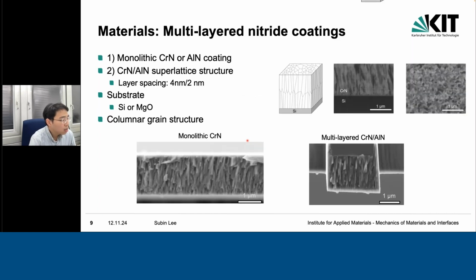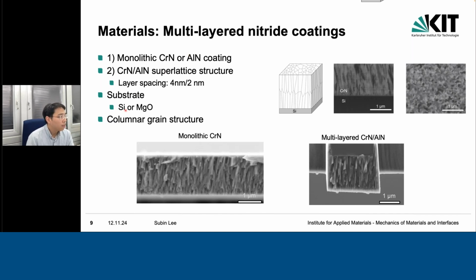So these are the samples we tested. I'm showing here two samples, but there's one more. We prepared three different samples. One of them is a monolithic sample, which means it's either a monolithic chromium nitride or aluminum nitride coating, and we prepared it using PVD processes.